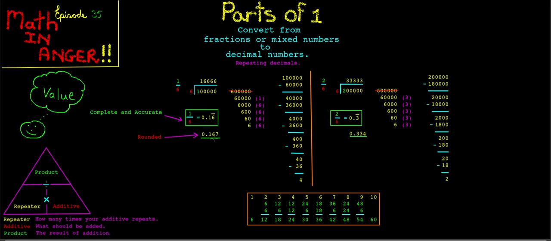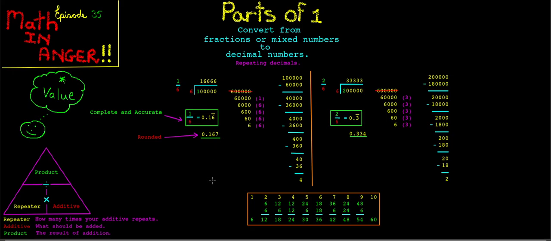This over here is a rounded value. It no longer 100% correctly represents the thing you are thinking of. This is complete and accurate. This is not complete. It is not 100% accurate.